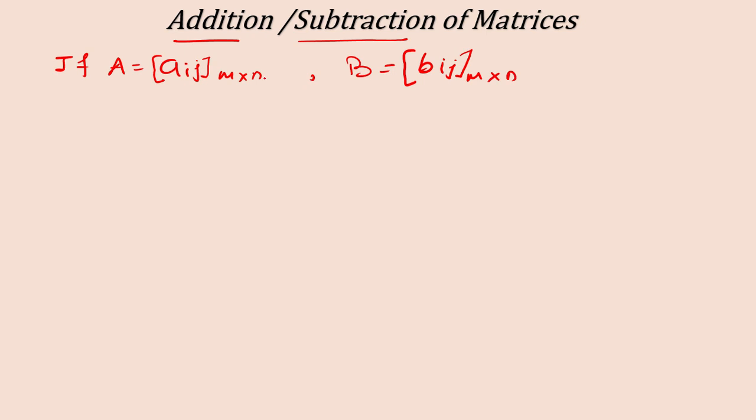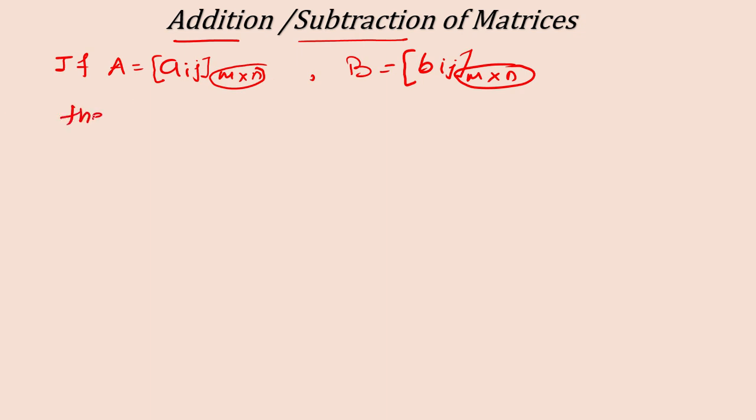What you can see here is that the orders of both matrices are equal. So what is the first condition here? Addition or subtraction of two matrices is possible when they are of the same order.